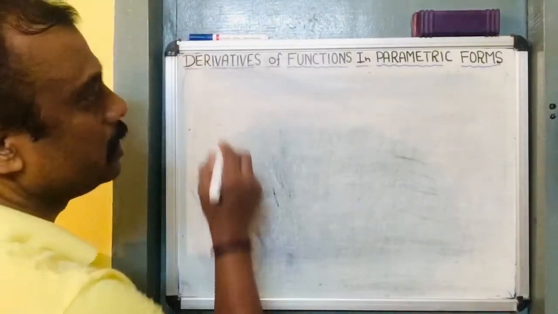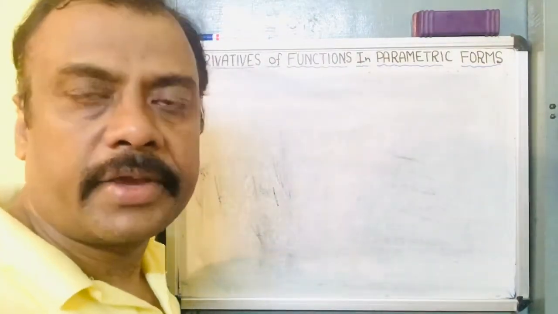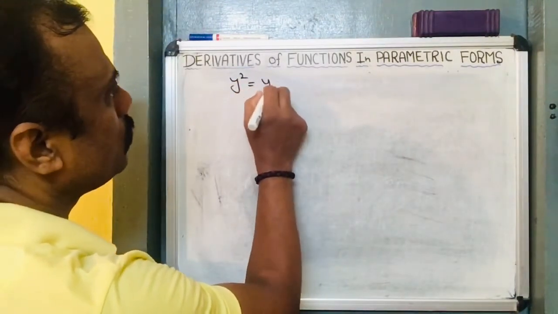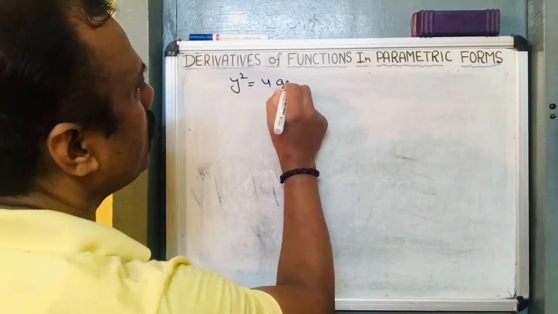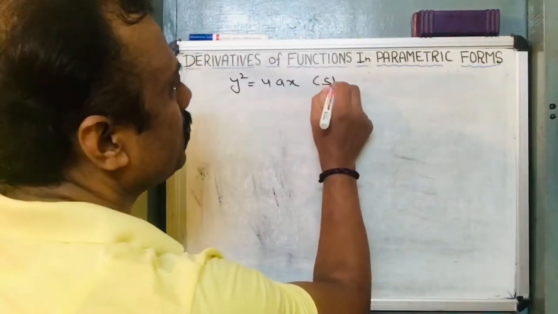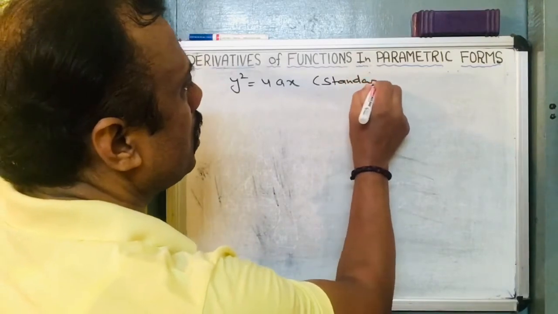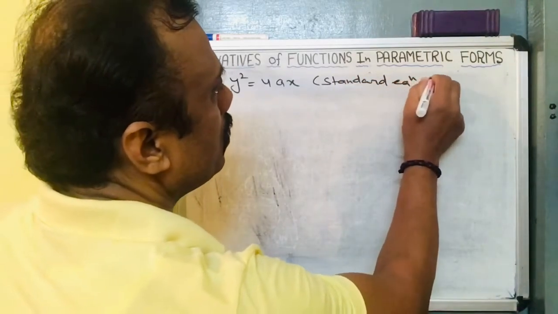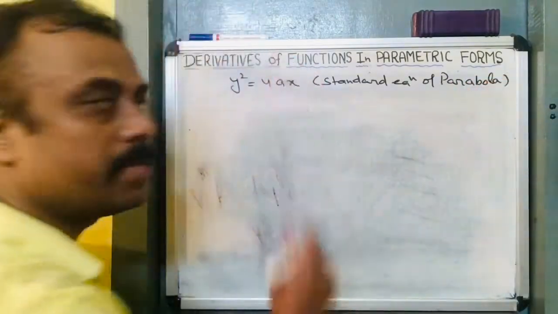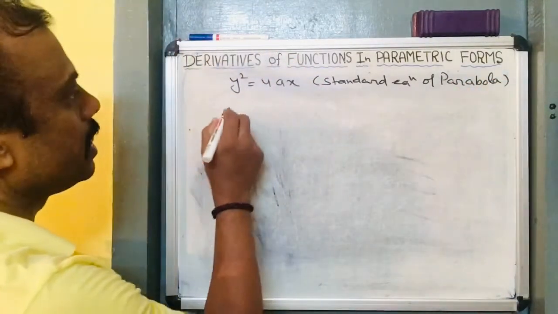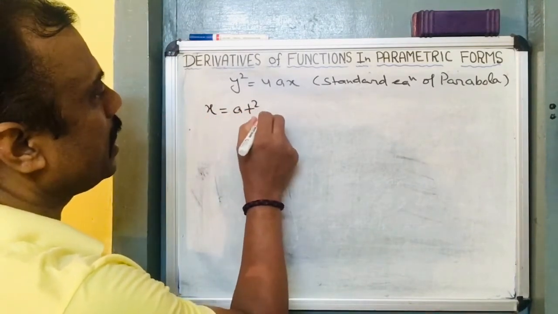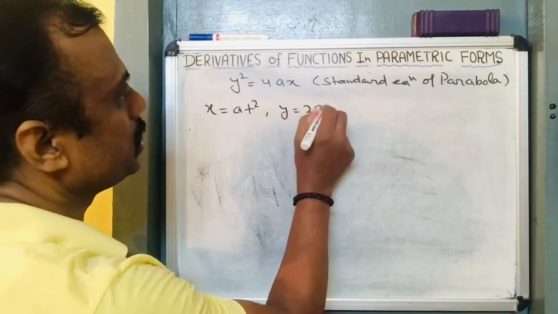As we know, the standard equation of a parabola is y square equals 4ax. And its parametric equation is, here we will take x equals at square and y equals 2at.